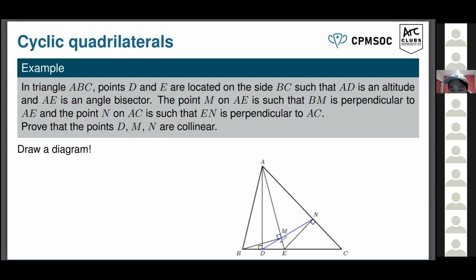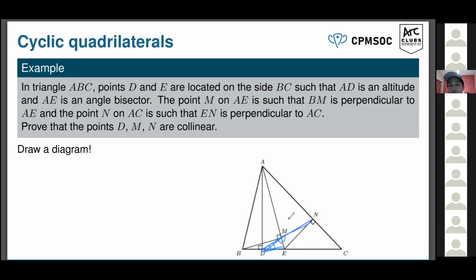We can prove that this angle DME plus this angle NME adds up to 180. So that's one way of proving collinear points. And also, we can say that angle MDE is the same as angle NDE.